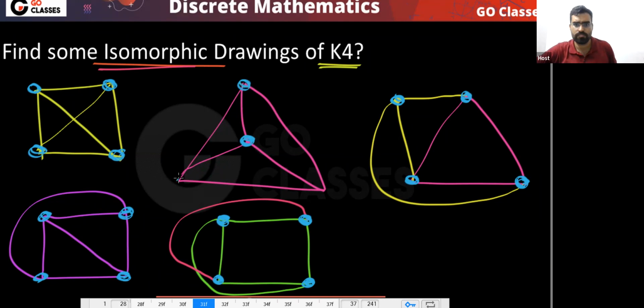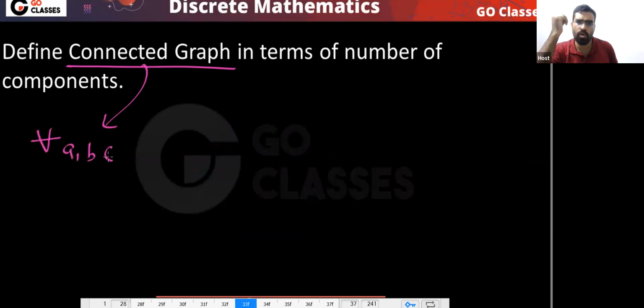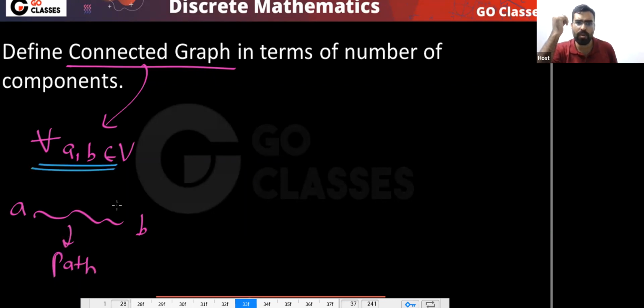Okay, let's move on. Define the connected graph in terms of number of components. You know what is a connected graph? A connected graph means for all a comma b, there exists a path. For every two vertices, there exists a path. Another definition is that the number of components is one.